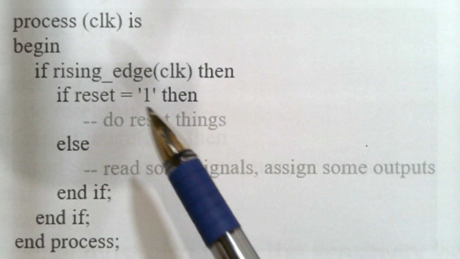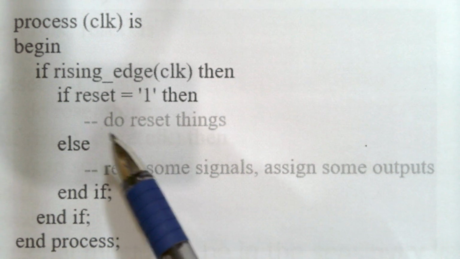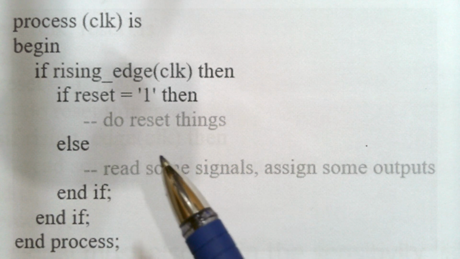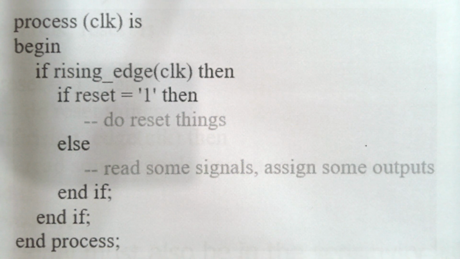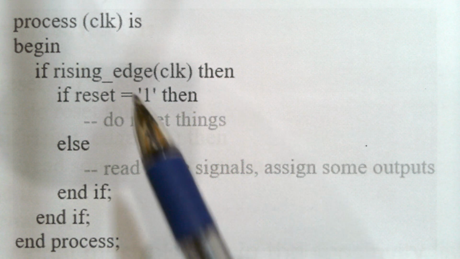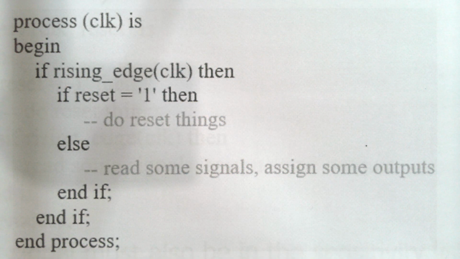Only when there's a rising edge of the clock, then we respond to the if reset is equal to 1. So in that case, the reset is synchronized with the clock. As a result of that, we only need to put the CLK clock in the sensitivity list.